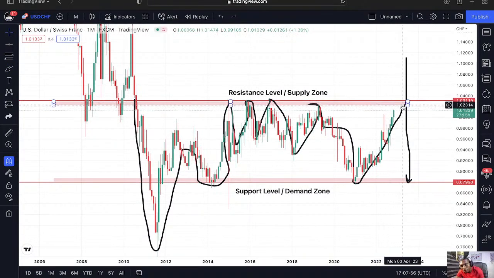Would price break out, or would price reject and come down to the support level? Let me know in the comment section. It's an interactive class.